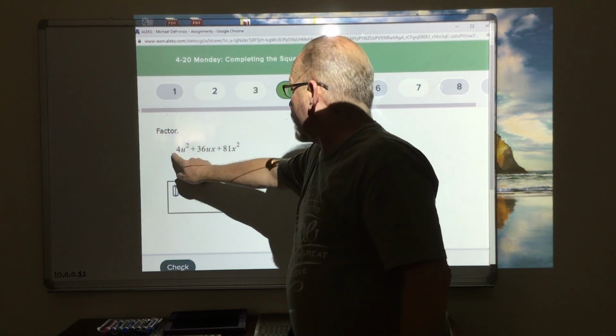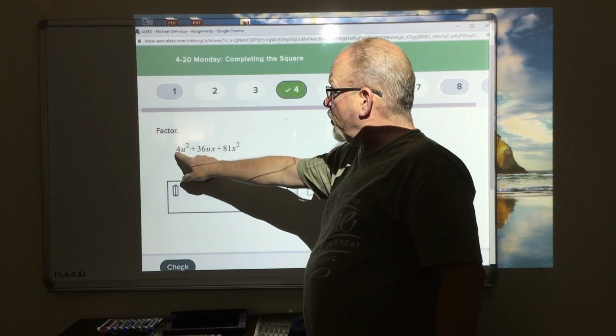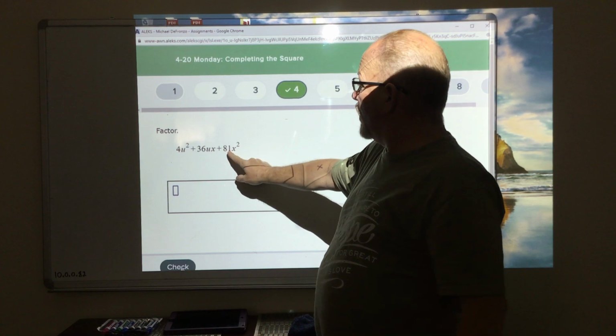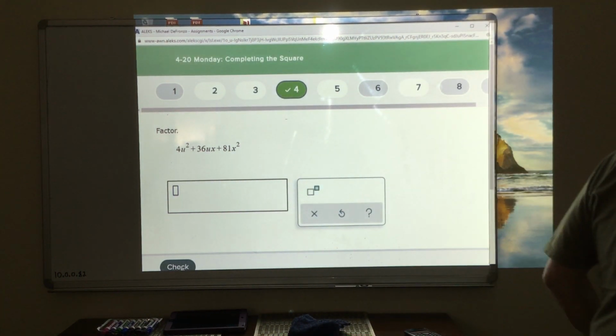So what's being squared and what's being squared? Well, 2u is being squared and 9x is being squared. So 2u is being squared and it's a plus.